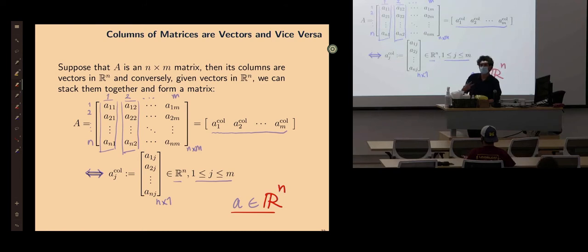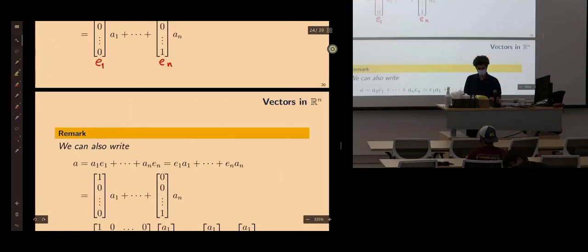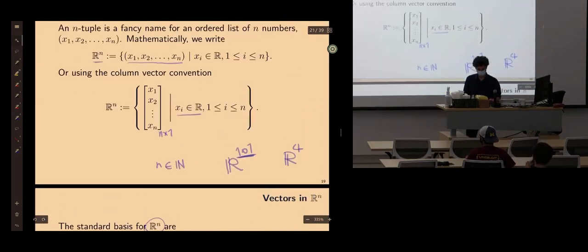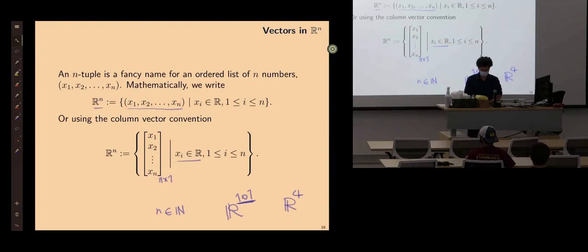Now, to be comfortable with this, when I say A is in this set, I mean A is a member of that set. Now you immediately think about how you imagine the members of that set. We define that set to be in a particular form. So we go back to the definition of Rn. So Rn was the set of n by 1 vectors, right?